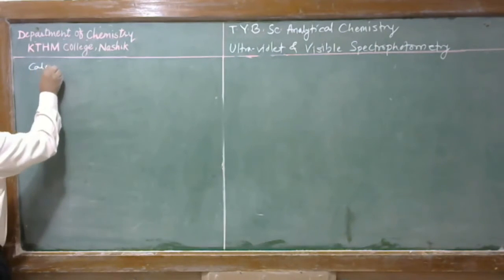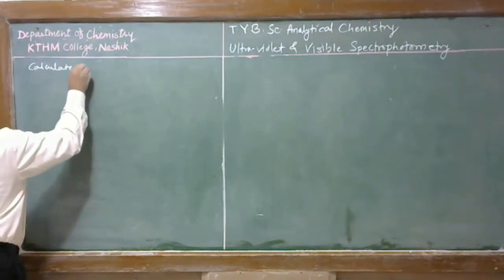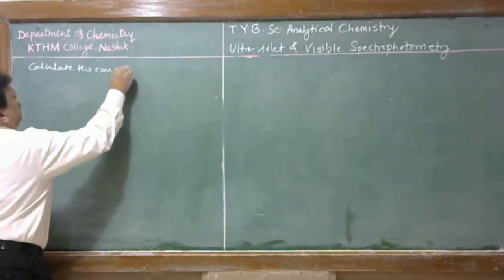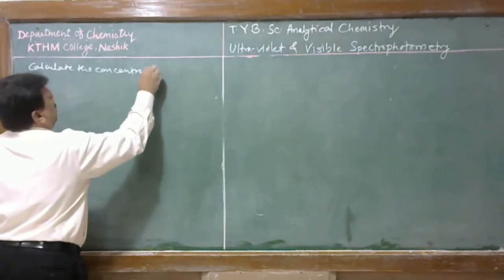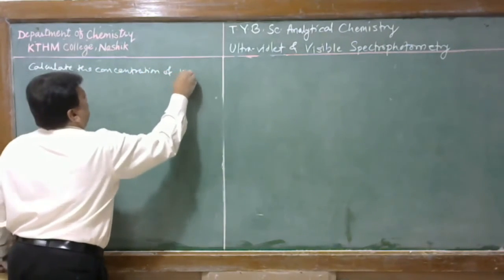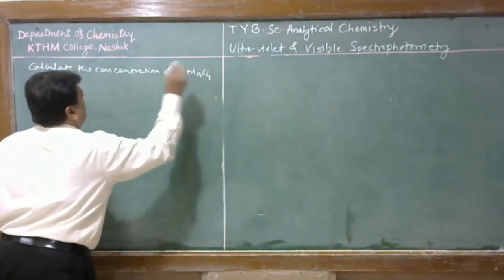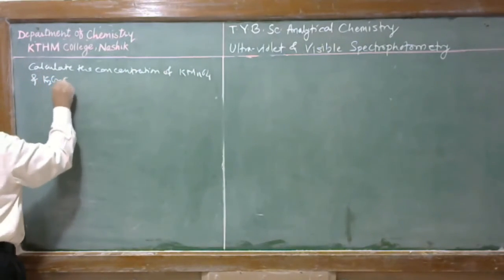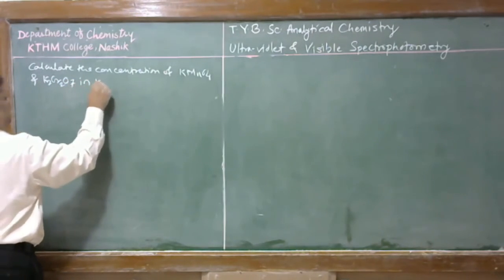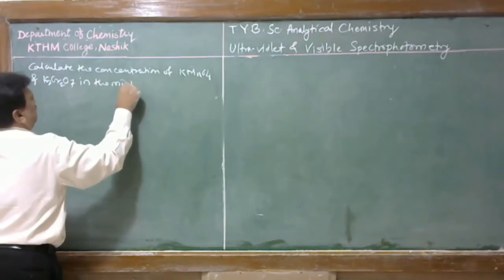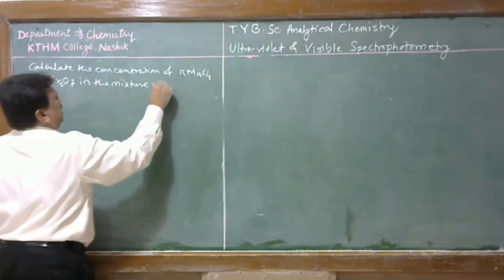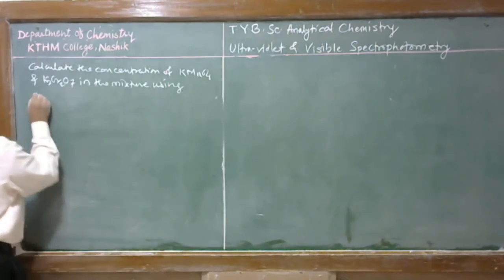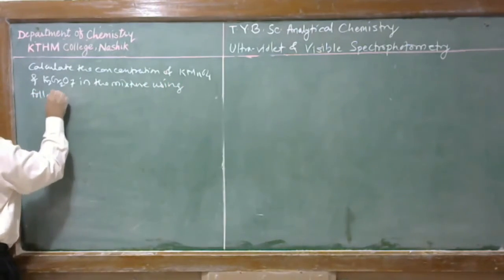Calculate the concentration of KMnO4 and K2Cr2O7 in the mixture using the following data.